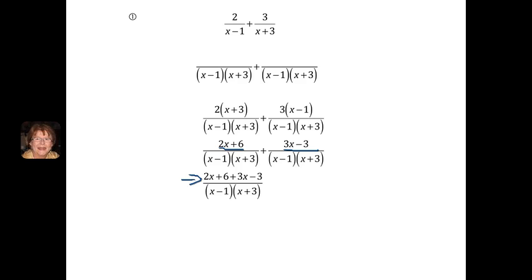I can collect my like terms so that I can have my numerator. 2x plus 3x is 5x. 6 minus 3 is positive 3. Therefore, my simplified expression is 5x plus 3 over x minus 1 times x plus 3.